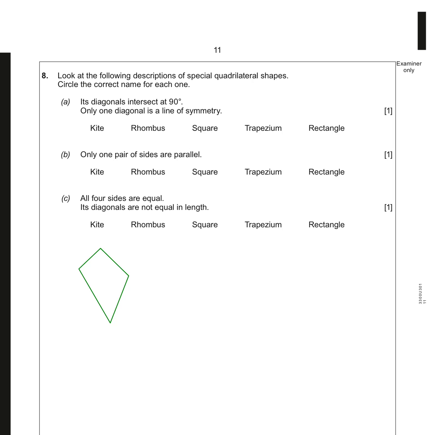A rhombus is a square that has fallen to its side. A square. A trapezium is a four-sided shape where the top and the bottom are parallel and the other two sides aren't. And a rectangle is a rectangle.